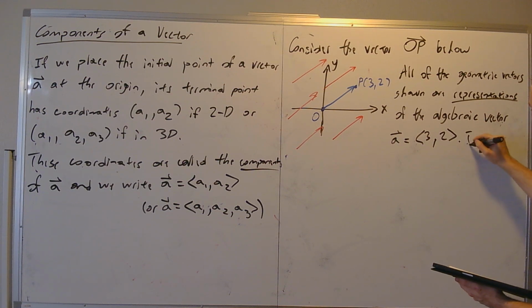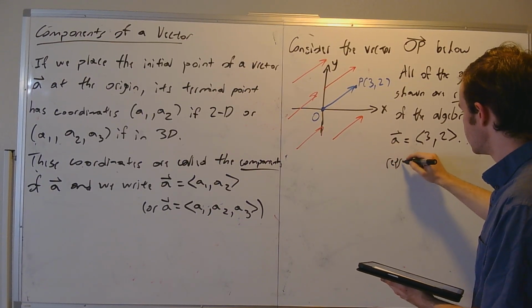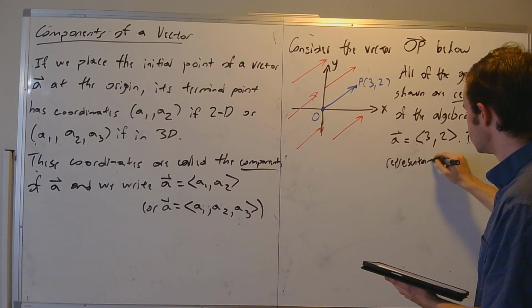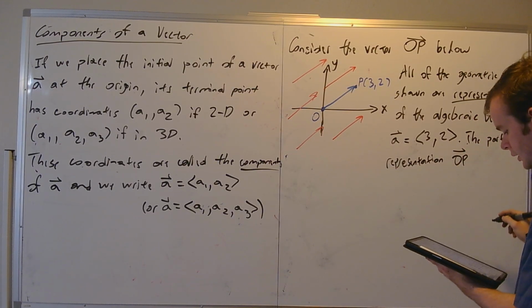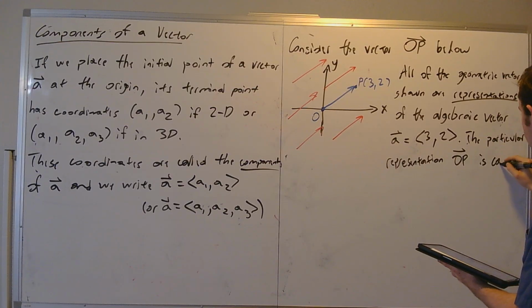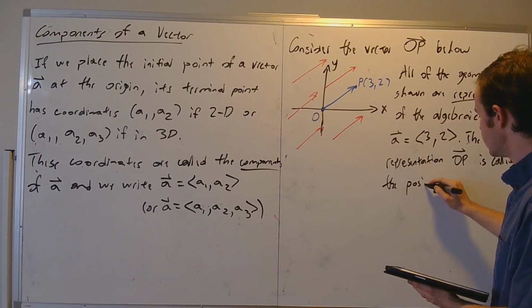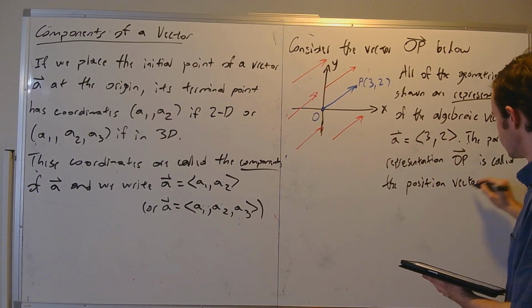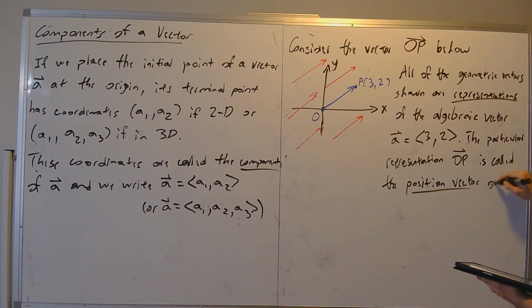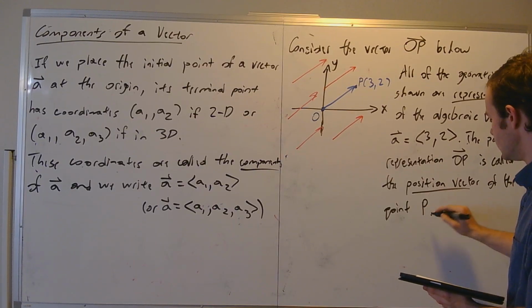So I'll say the particular representation from O to P is called the position vector of the point P. Right?